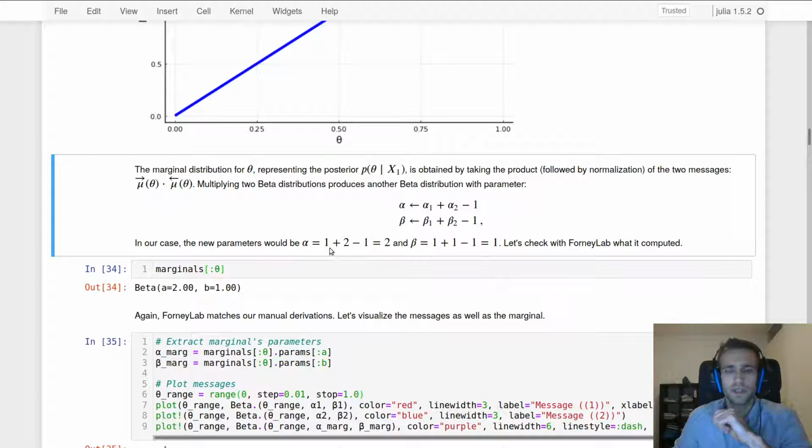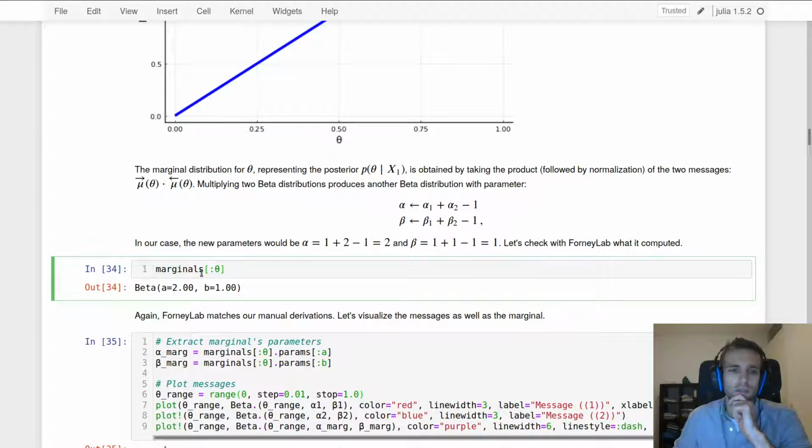So in our case that would be 1 plus 2 minus 1 is 2, and 1 plus 1 minus 1 is 1. And if we request from the marginals dictionary the variable theta, it produces a beta with parameters 2,1, which again matches our manual derivations.